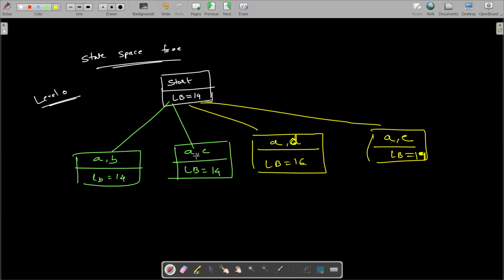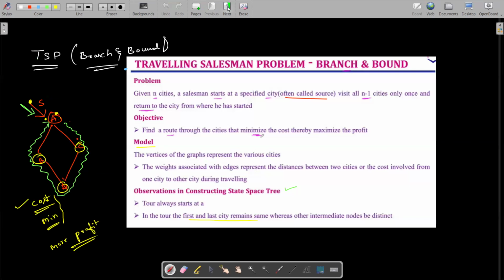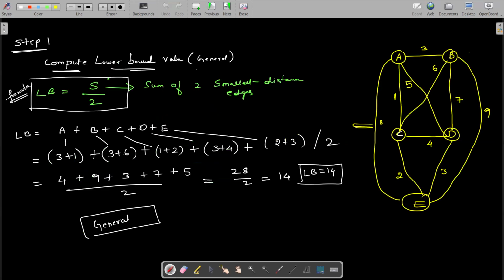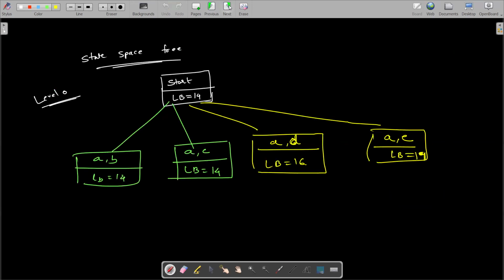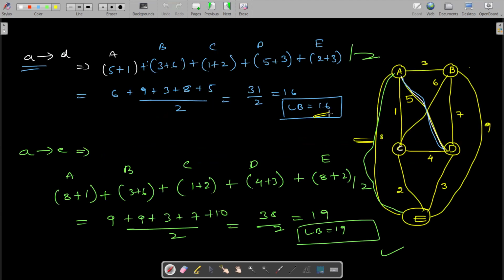Now we have to take the minimum. Please understand, this is very, very important. So A to D is 15, sir? A to D, 31 by 2. This one, we're talking about this one, right? 15, sir.